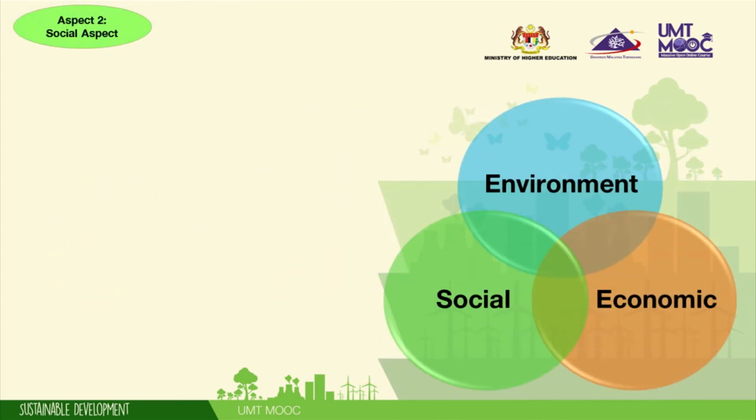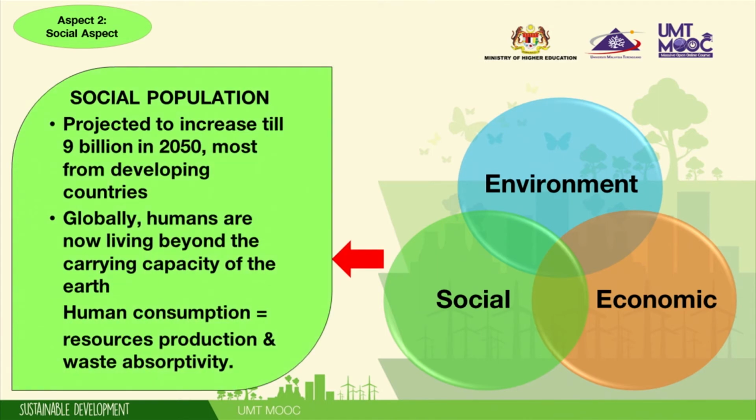Next, the social aspect in sustainable development emphasizes the human population. It was recorded that the human population will increase to 9 billion in 2050. However, humans are now living beyond the carrying capacity of the earth. All this human consumption solely depends on the provision of resources, the absorption of waste, and other essential life support functions only nature can supply.